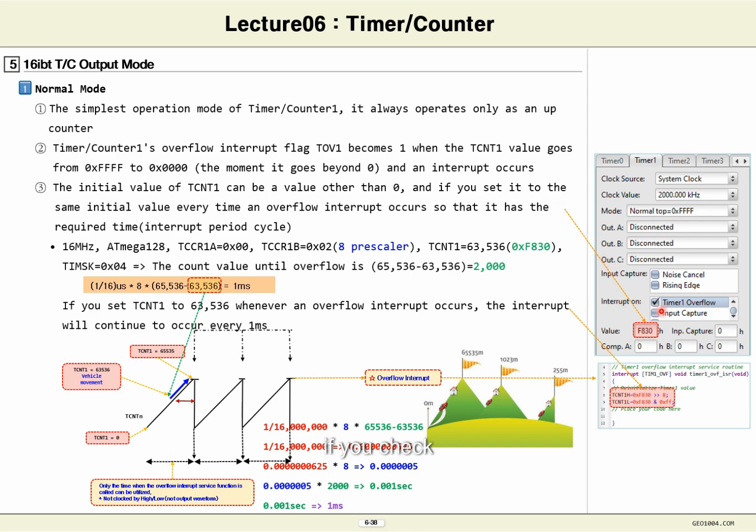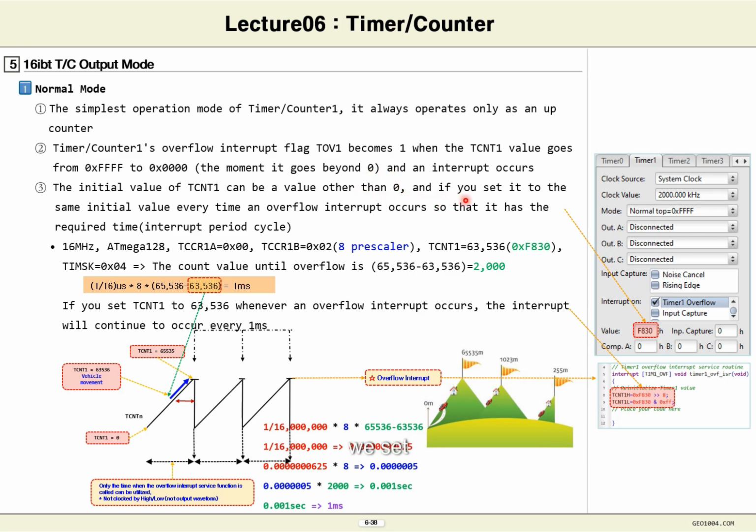So as you can see, if you check timer 1 overflow in the interface and set the value to a specific value, the count starts from this value and an overflow interrupt occurs. So the initial value of TCNT can be set to a value other than 0.